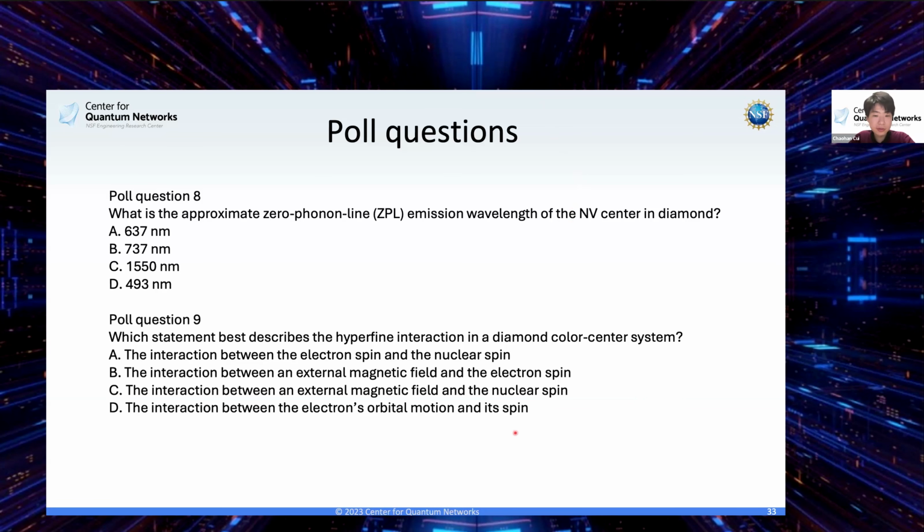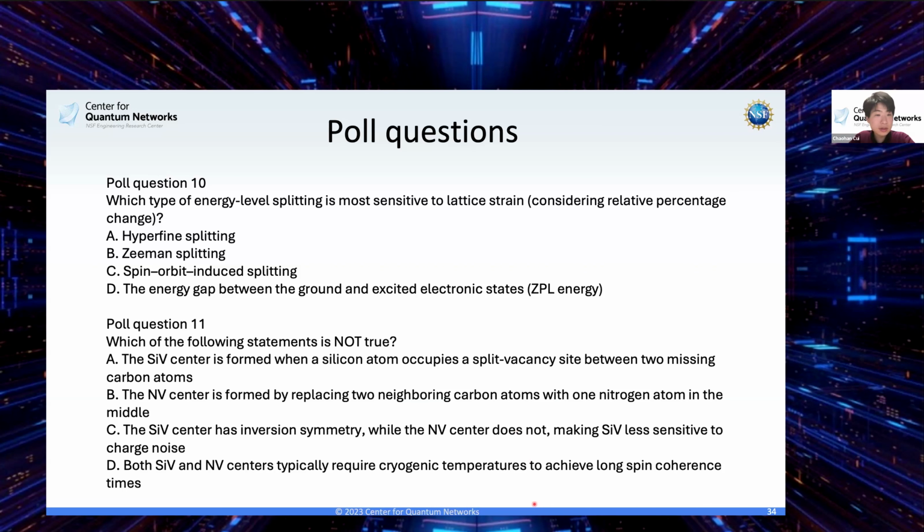So the final two questions are a little challenging. Oh yeah, this is a very challenging question, and I think I'm to blame because I didn't really emphasize the strain tuning.